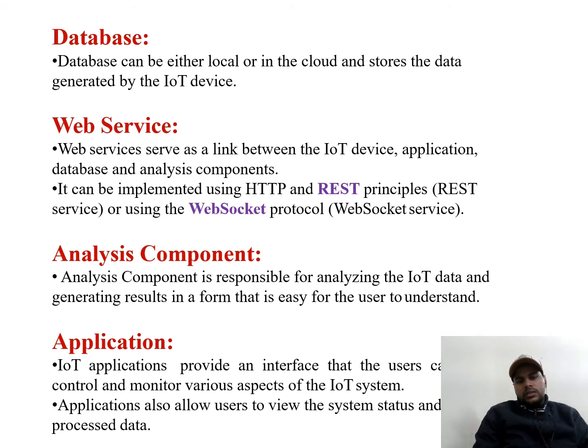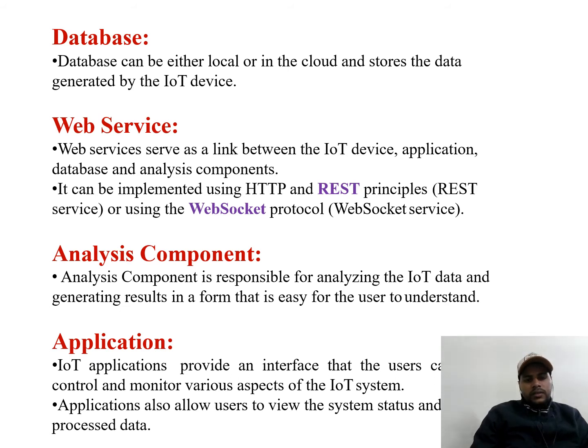Next component is our analysis component. Analysis component is responsible for analyzing the IoT data and generating results in a form that is easy for the user to understand. So here we have to visualize and do research about our data, so we can increase our productivity or increase our output.